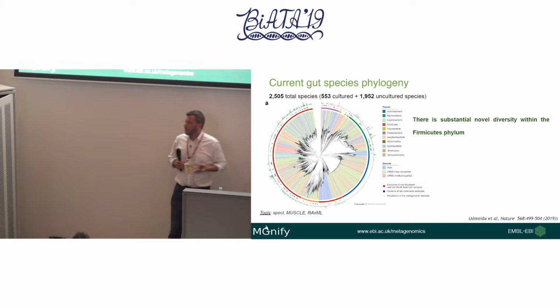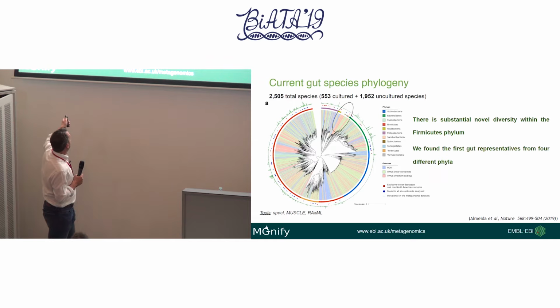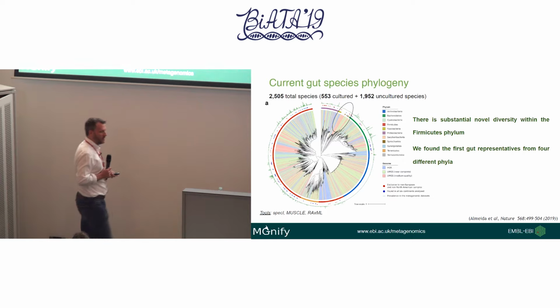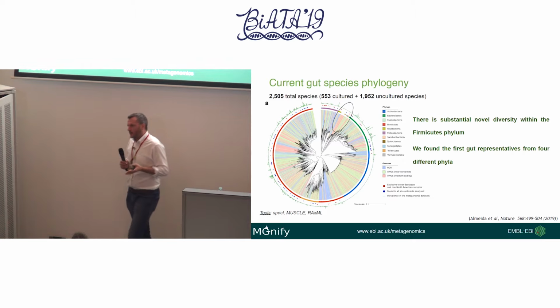So there's lots of diversity in this, especially amongst the Firmicutes. There's this slightly strange region here, which is in the Actinobacteria, so this Collinsella region. And you might think this is a bit strange. We think that actually there's something going on with the Collinsella group.